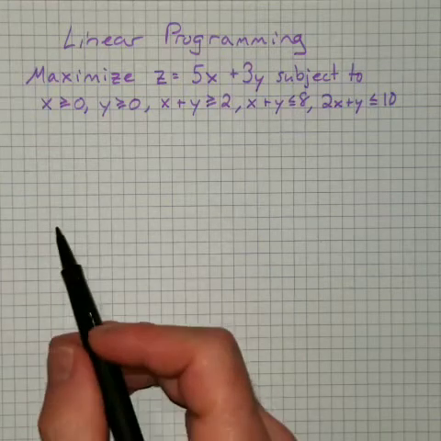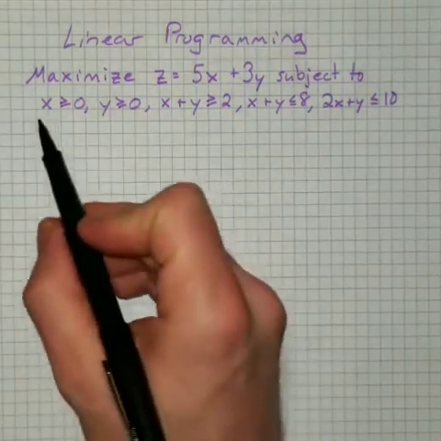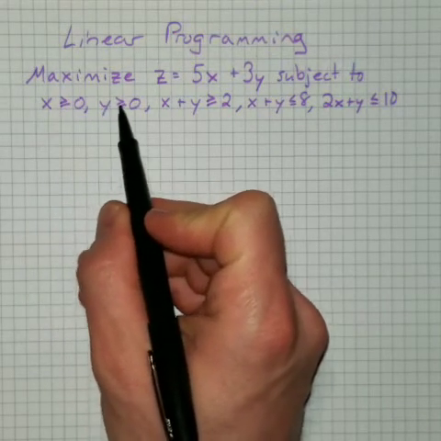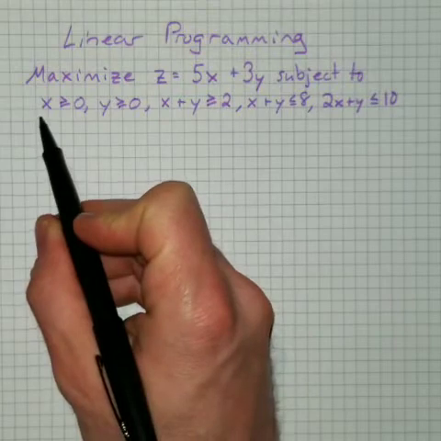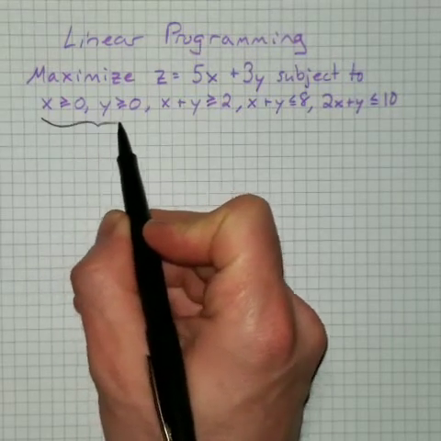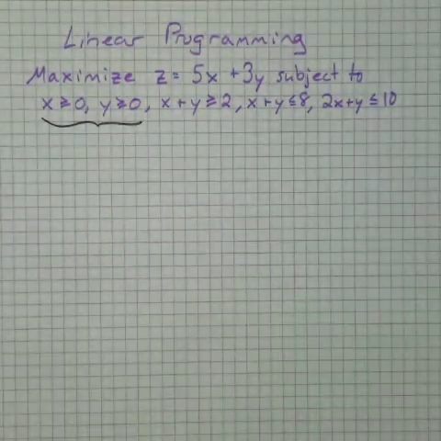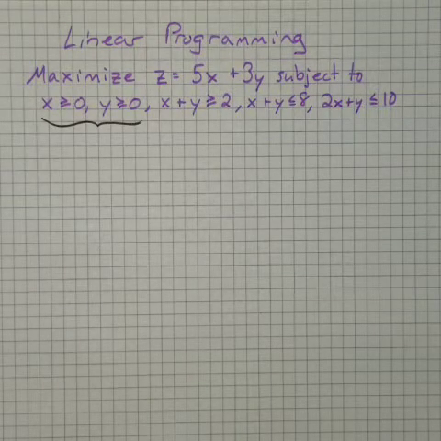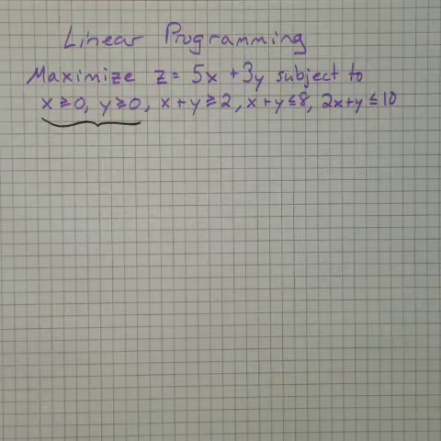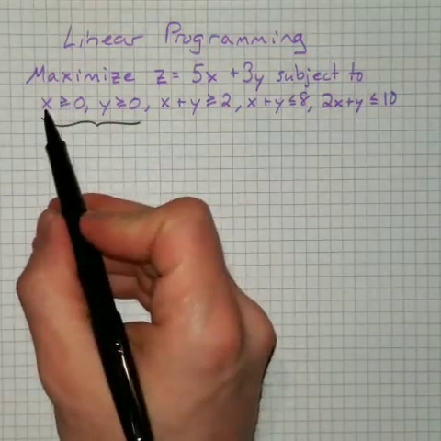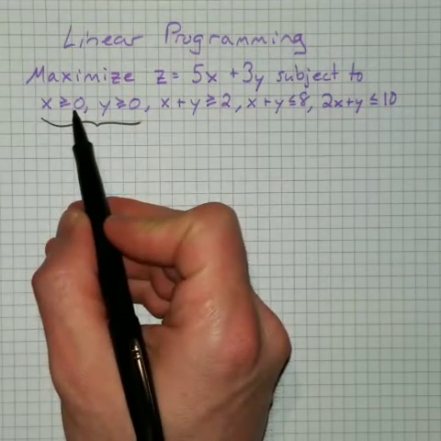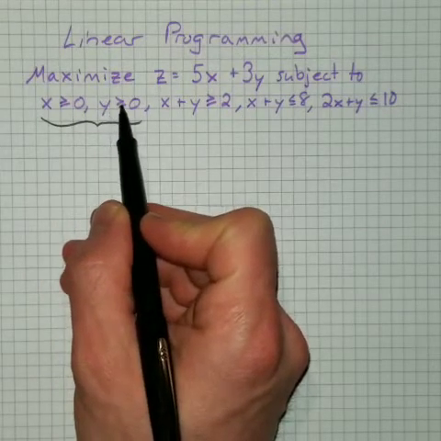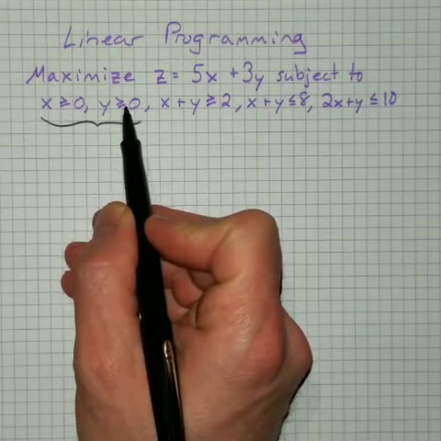One thing that is very important to notice, we have this x greater than or equal to 0 and y greater than or equal to 0. It's the same combination we saw in the last section that gave us a first quadrant graph. If x is greater than or equal to 0, it's everything to the right of the y-axis, and y greater than or equal to 0 is everything above the x-axis.